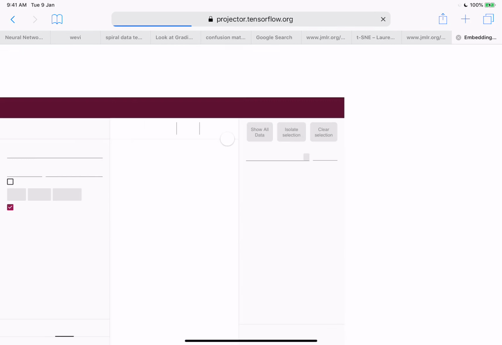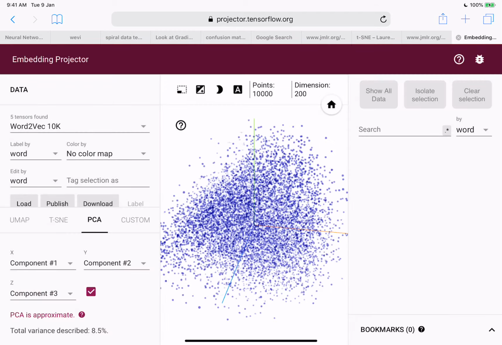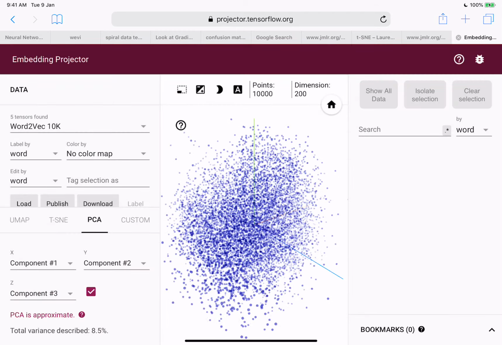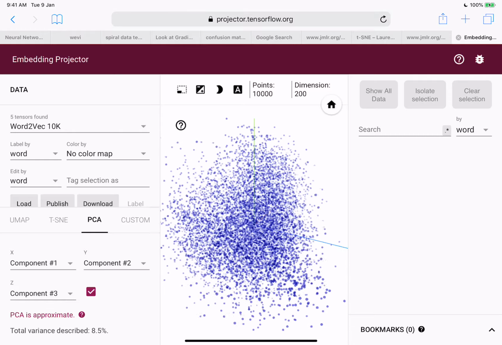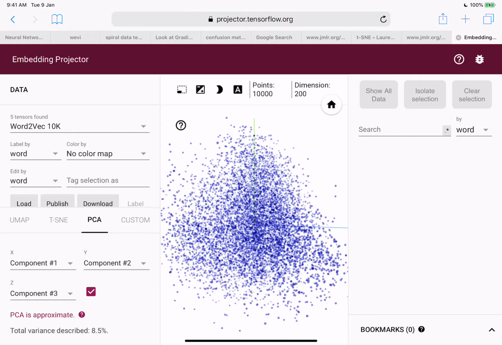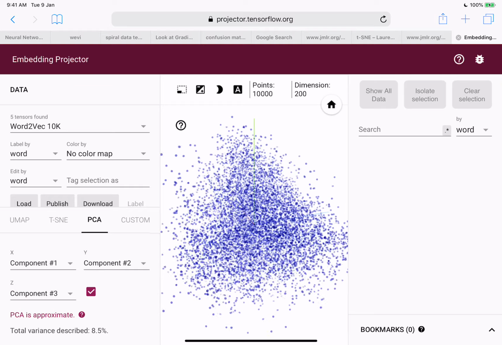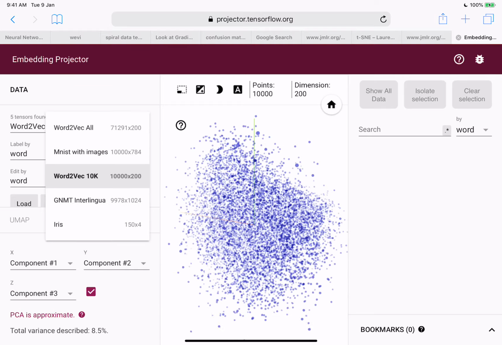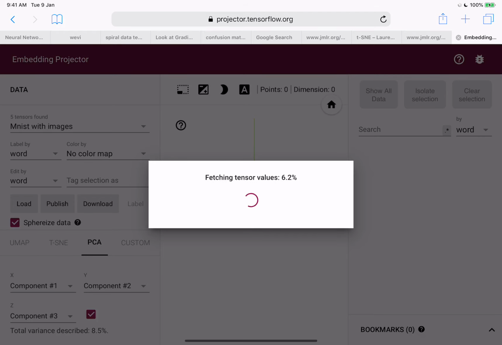This TensorFlow embedding projector is one example of visualizing high-dimensional data using dimension reduction methods. It is reducing the dimensionality of word embedding vectors, but let's use this MNIST data.